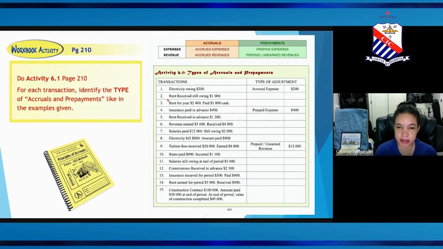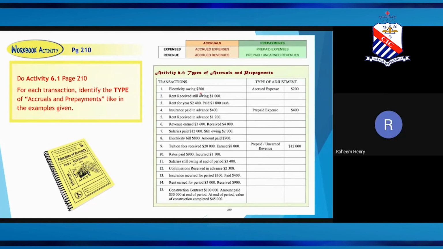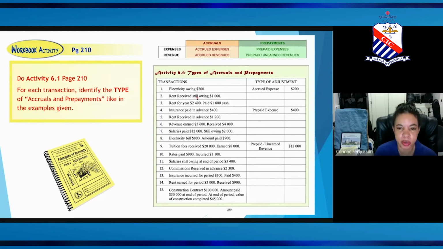So just to make it clear for those who might still be a little confused, rent received still owing $1,000. I don't know if anybody wants to answer for me. You're seeing still owing. So is it an accrual or a prepayment? Accrual. Good. So it's an accrued.